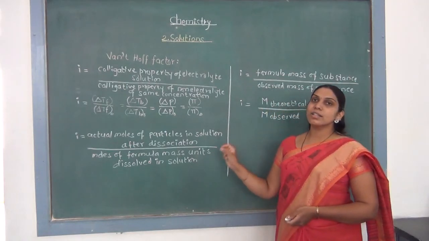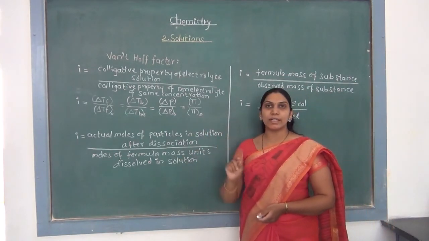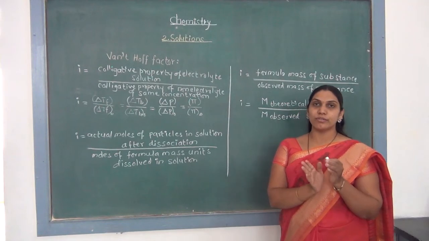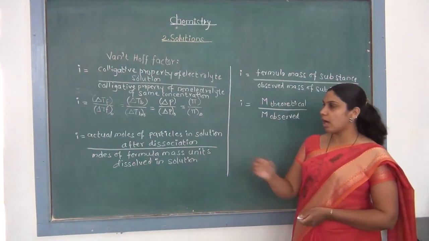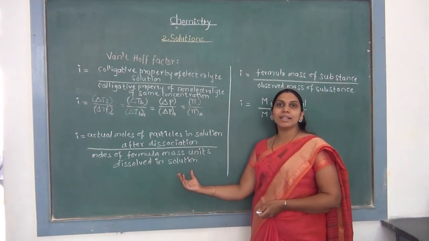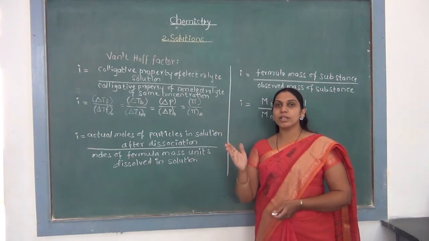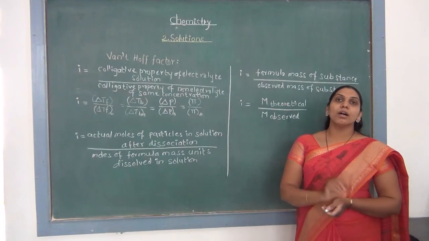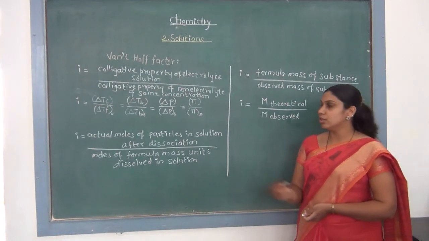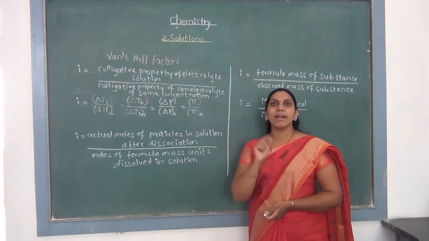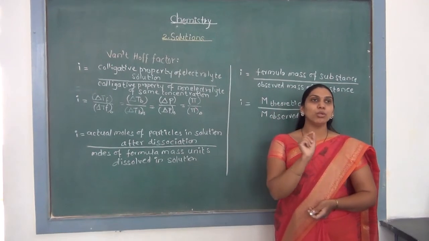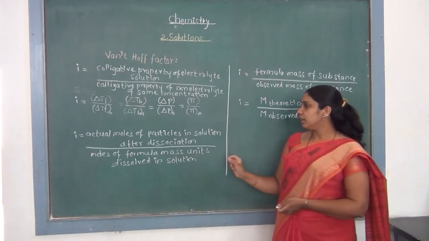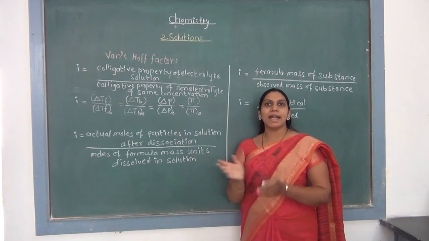This is one more mathematical form of Van't Hoff factor, given in terms of the number of particles after dissociation and the number of particles which were dissolved into the solution at the beginning of the formation of solution.